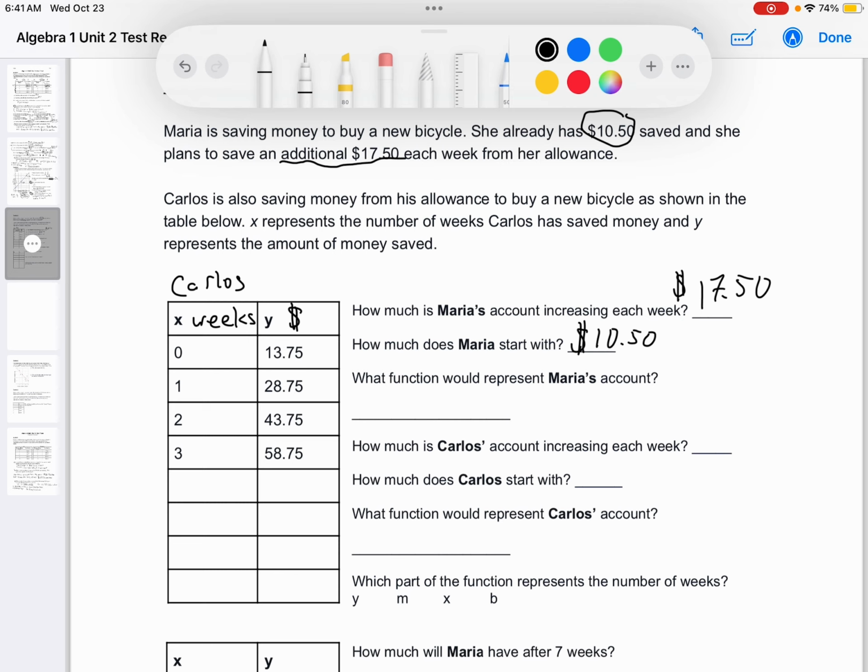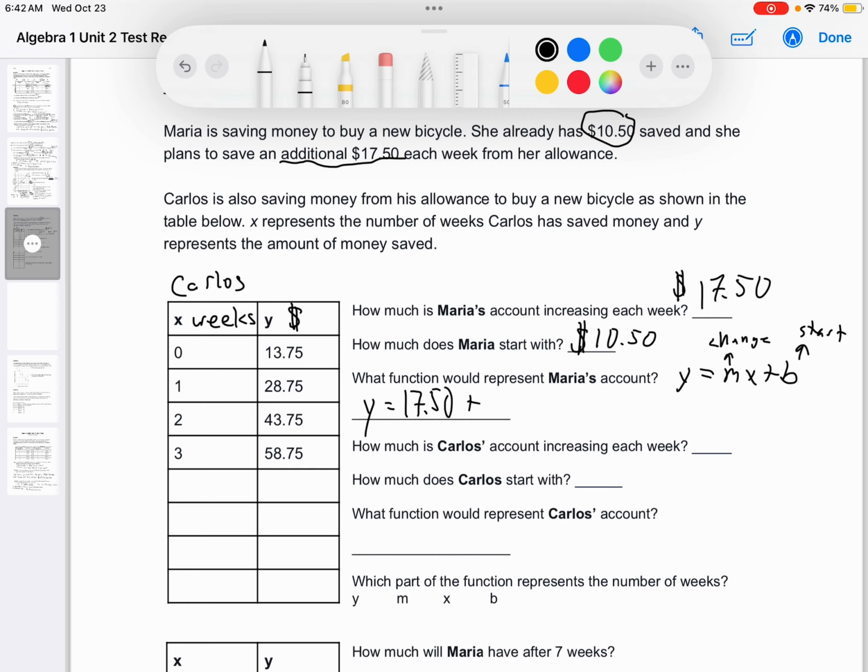What function would represent Maria's account? Remember, a function is y equals mx plus b, where m is the change and b is the start. So what's changing in Maria's account is she's putting in $17.50 every week, so m would be $17.50.